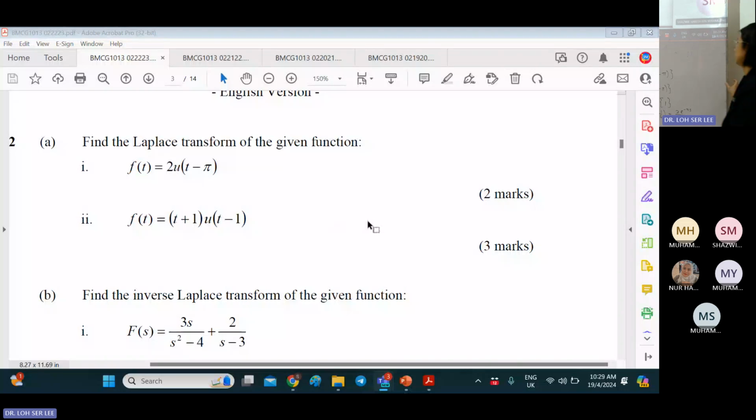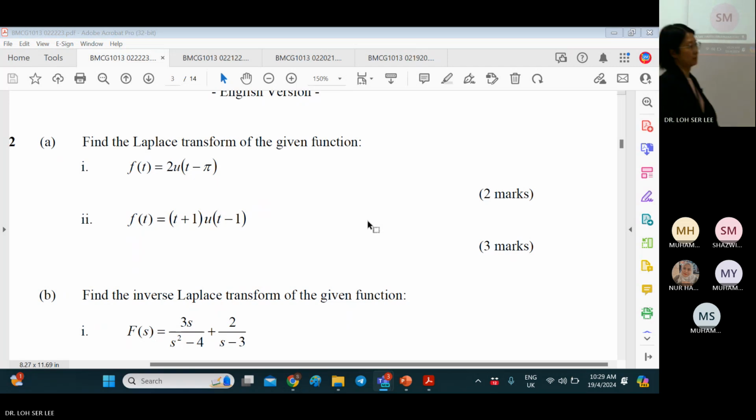That's why these questions carry only 2 marks, and 3 marks for this.